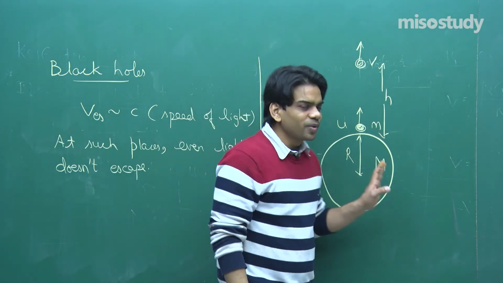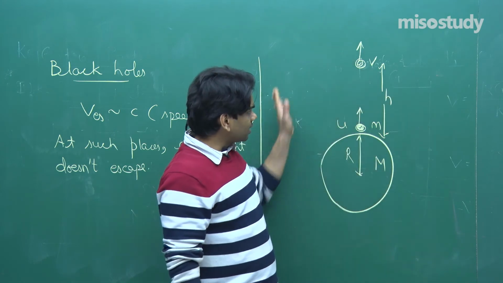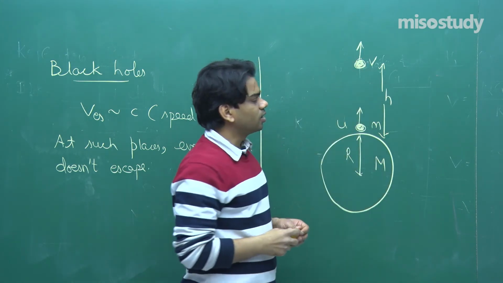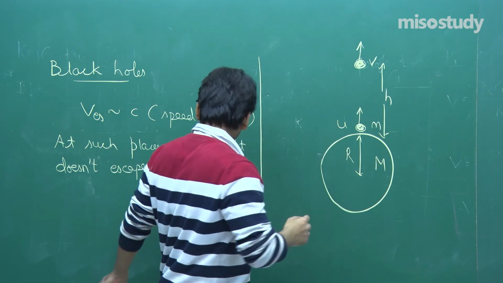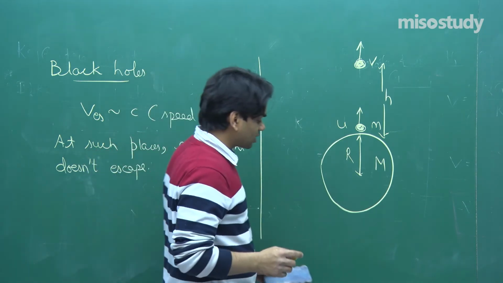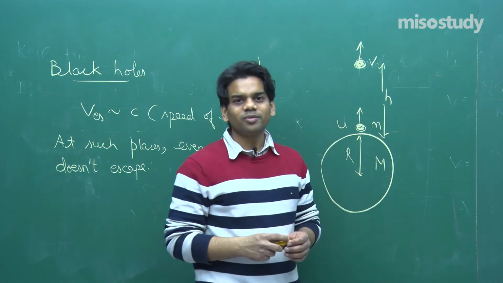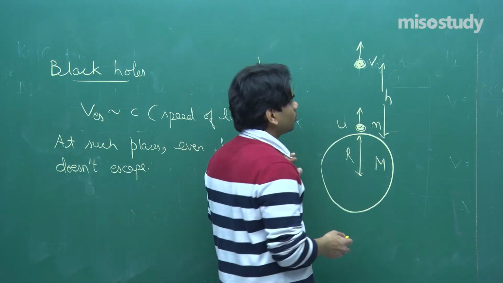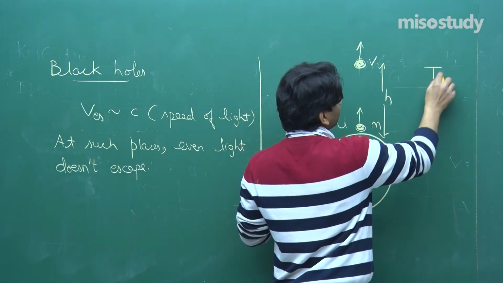Here, remember, if we talk about both Earth and this body as a system, we know that since no external force acts on the system, the total energy will remain conserved.